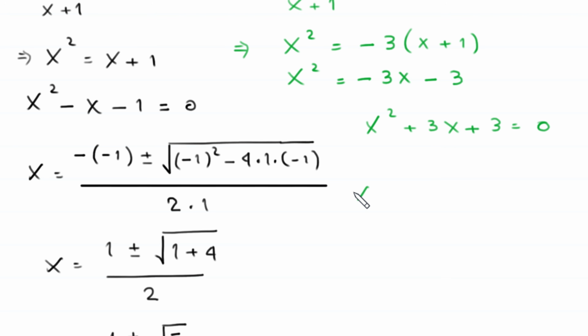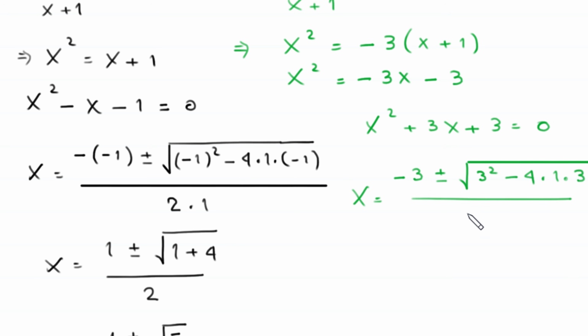According to the quadratic formula, x is equal to negative b, b is 3, plus or minus square root of, in place of b squared we write 3 squared minus 4 times a is 1 times c is 3, divided by 2 times a is 1, and x will be equal to negative 3 plus or minus square root of, this 3 squared will become 9, and negative 4 times 1 times 3, negative 12, divided by 2 times 1, 2.